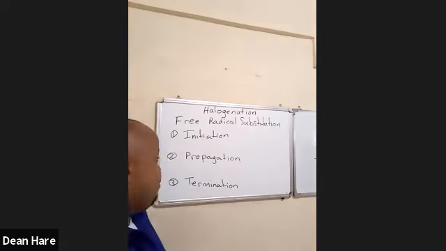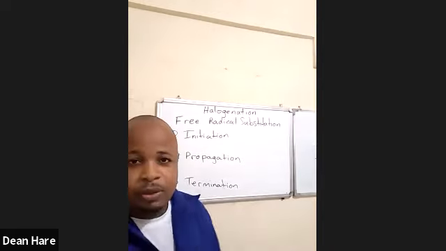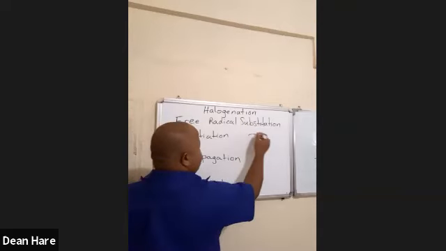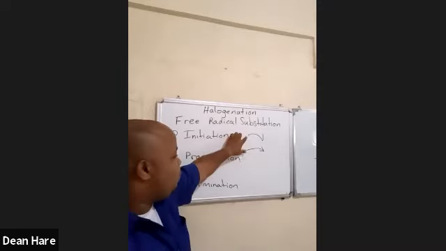In terms of curved arrow and fish hook, which of those are used? Fish hook. Tell me why we use the fish hook for this mechanism.